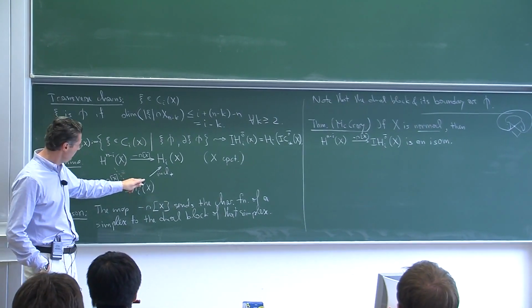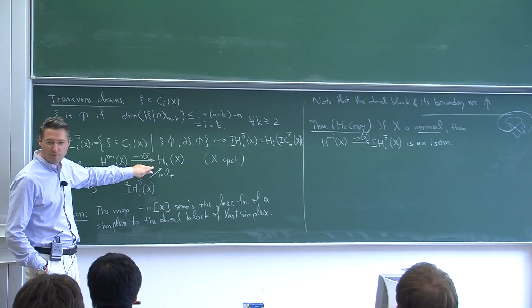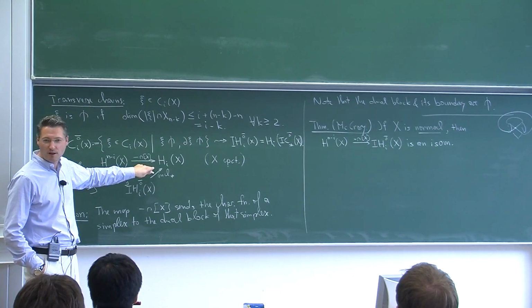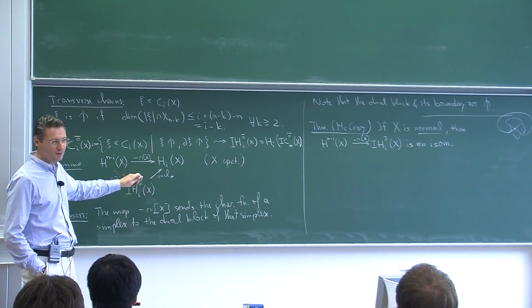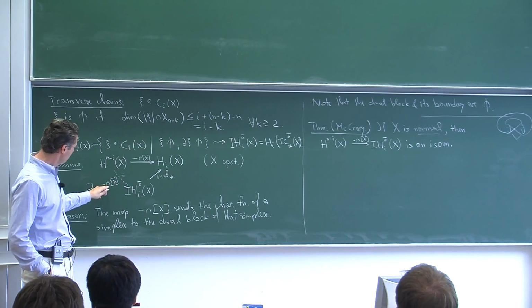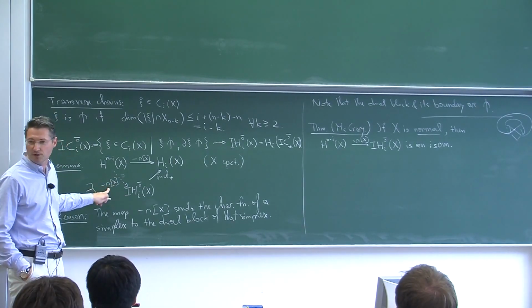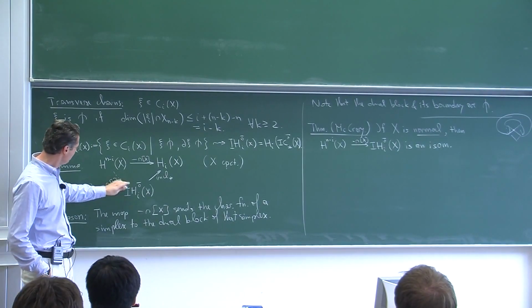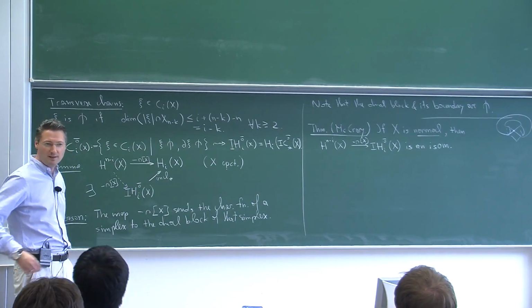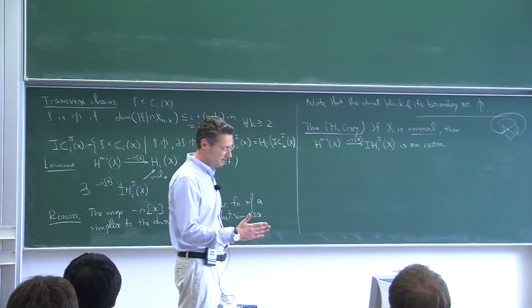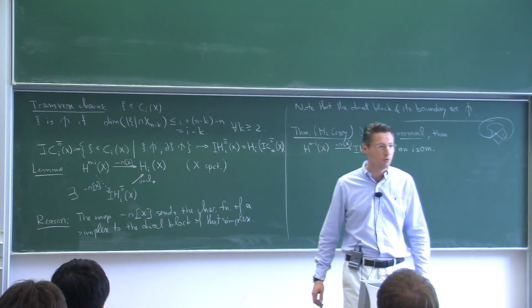Therefore, it cannot be that this map is an isomorphism. So what's responsible for ruining Poincare duality is actually not the cap product with the fundamental class, but that the inclusion of transverse chains into all chains is not an isomorphism.